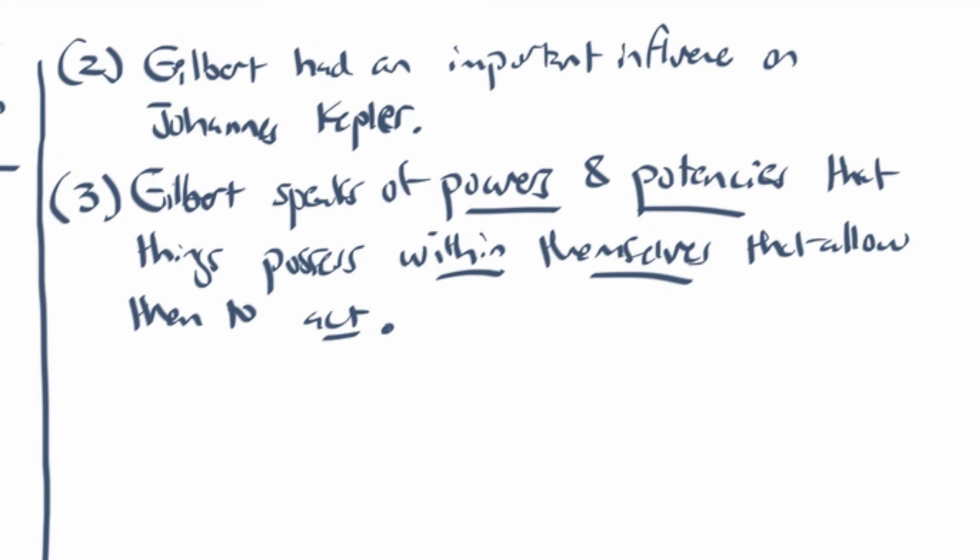It's interesting that William Gilbert does adopt this traditional worldview of things themselves having powers or potencies, but he also mentions on page 4 what the source of these powers and potencies is. He believes that these powers and potencies come from God himself.